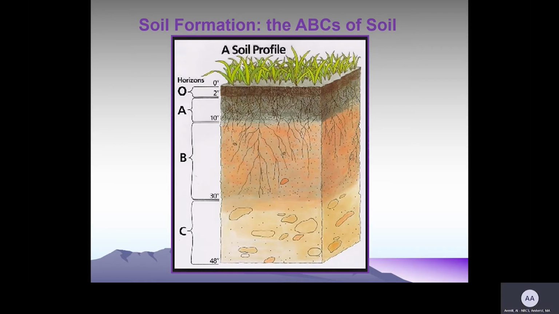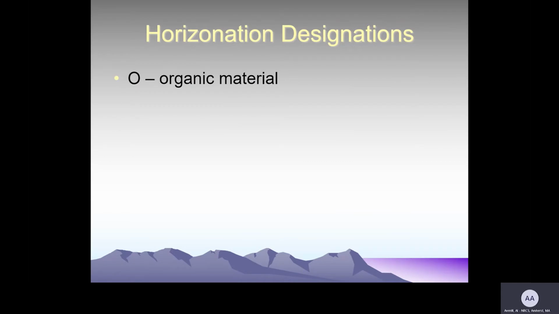A horizon that is predominantly mineral material with an accumulation of organic material is an A horizon. And a B horizon is a weathered layer. And the C horizon, or the C layer, if you will, is the relatively unaltered parent material, which we talked about at great length in the last presentation. So let's go into a little bit more detail with that.